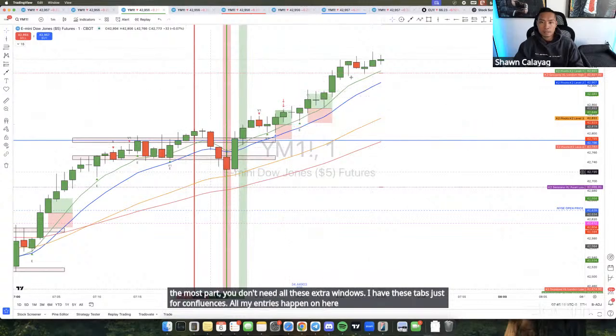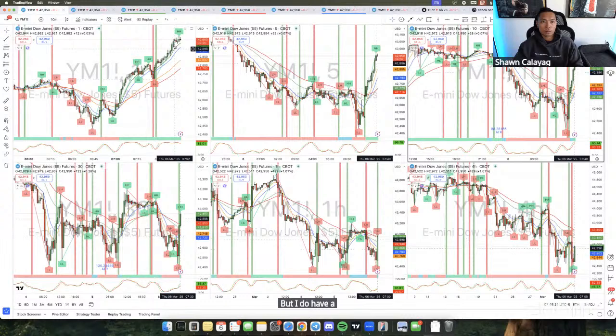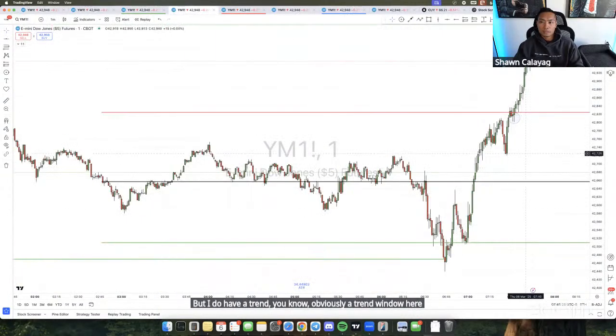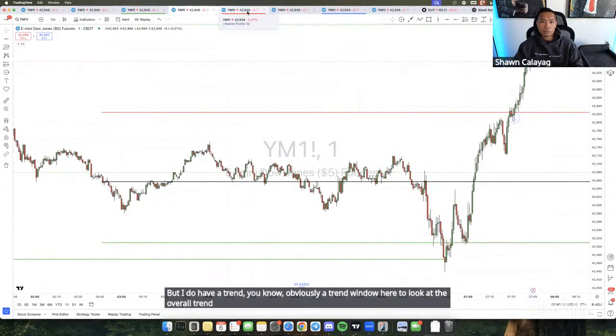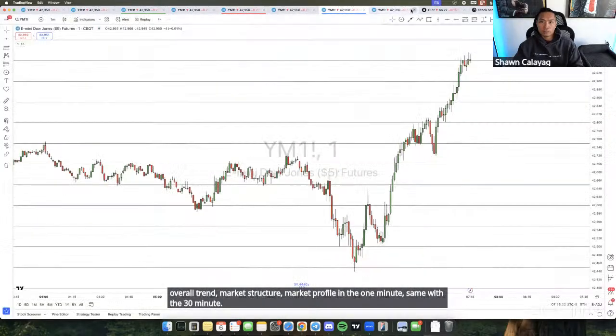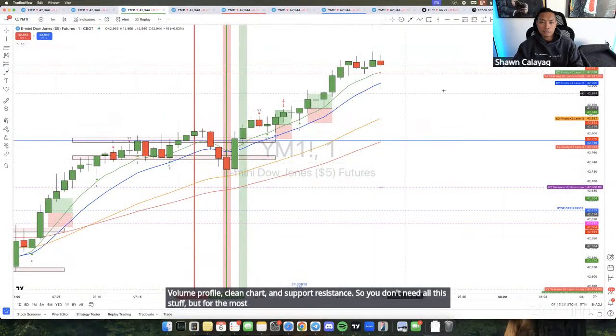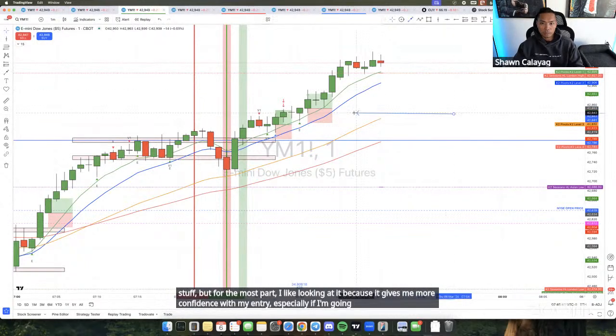My actual analysis happens on here, but I do have a trend window here to look at the overall trend, market structure, market profile in the 1 minute, same with the 30-minute, volume profile, clean chart, and support resistance. So you don't need all this stuff, but for the most part, I like looking at it because it gives me more confidence with my entry, especially if I'm going for a 30-point move.